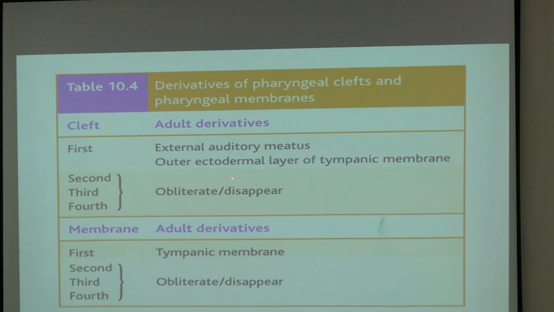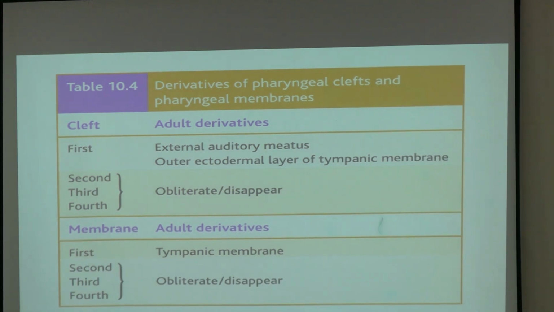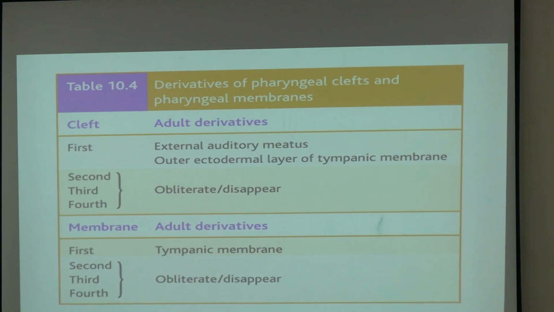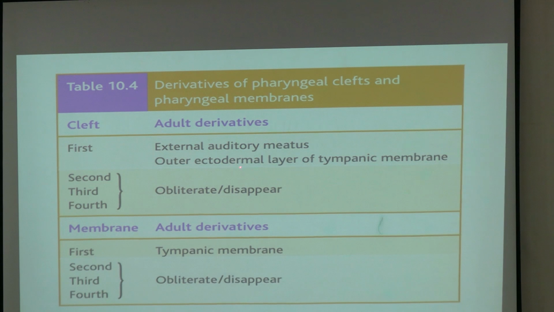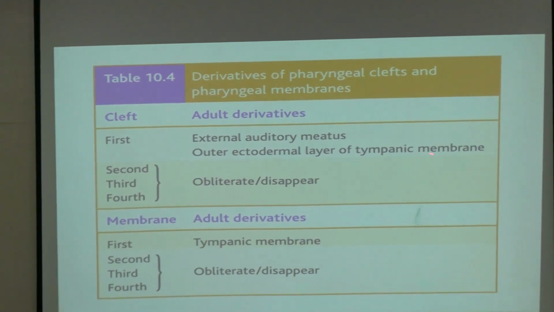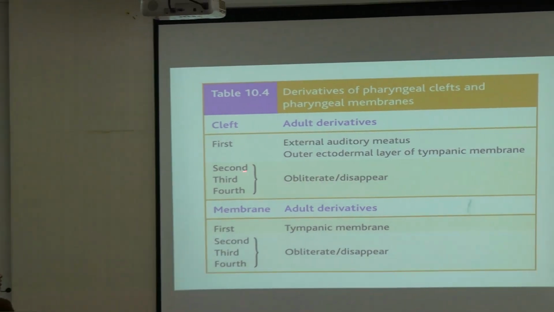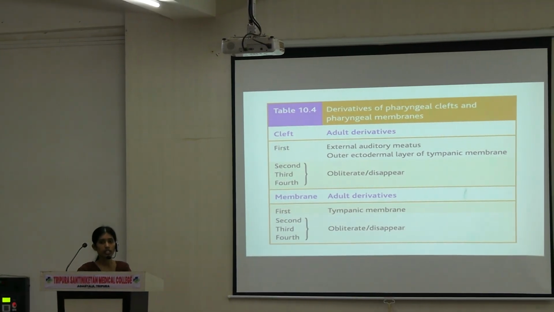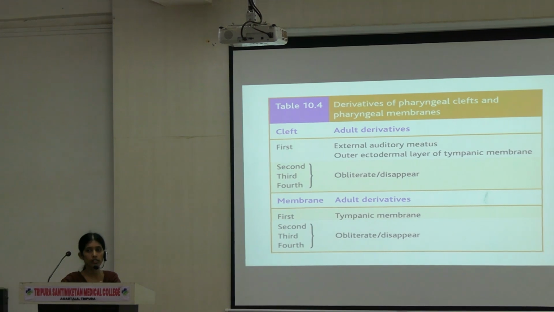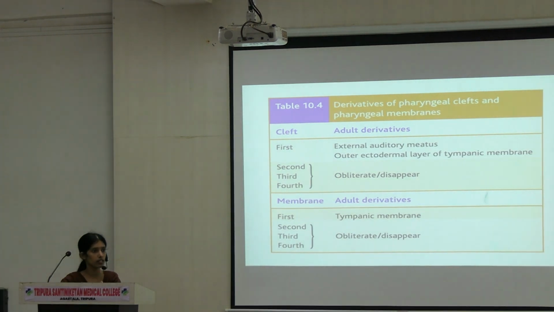Your first pharyngeal cleft gives a derivative, that is the outer lining of the external auditory meatus plus the outer ectodermal layer of the tympanic membrane, whereas the second, third and fourth will basically disappear, but we can see the formation of 2 important structures. One is the cervical sinus and another one is the formation of platysma. Okay.